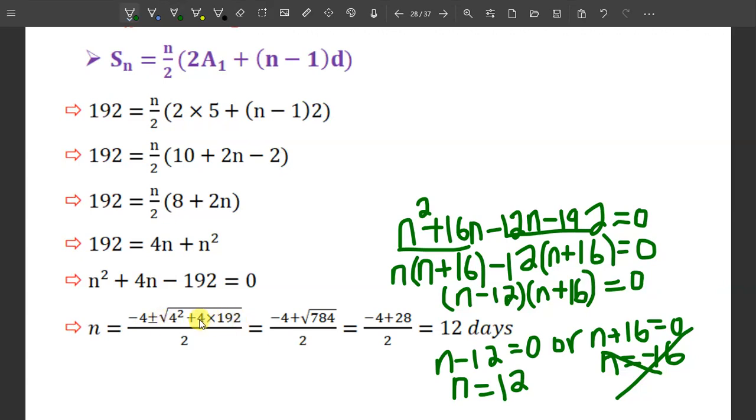What is that formula? For any quadratic equation, ax squared plus bx plus c equals 0.